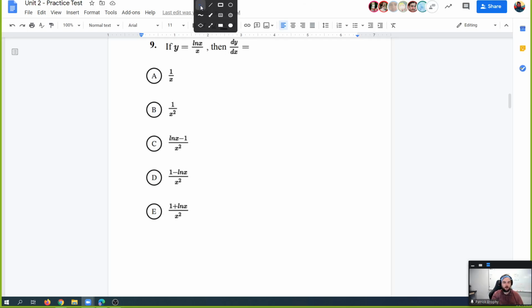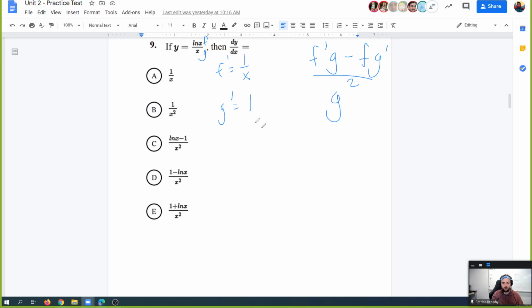Okay, so this looks like a quotient rule to me. On the top, I'm going to call it f, and then the bottom is g. f prime times g minus f g prime over g squared. My f prime, if the top is ln x, the derivative is 1 over x. g prime would be just 1.